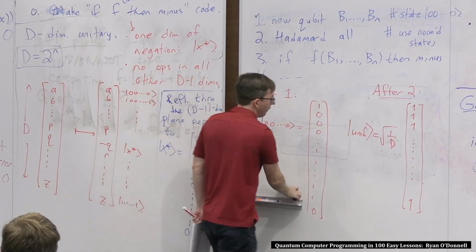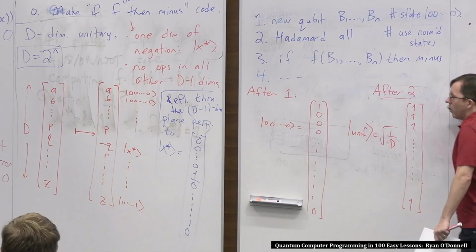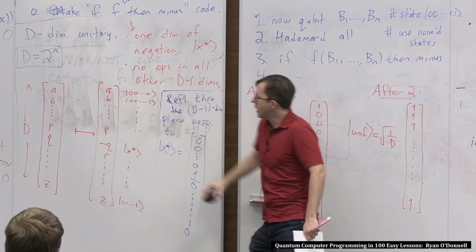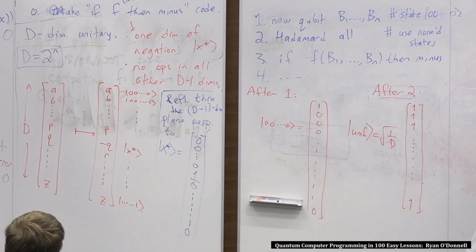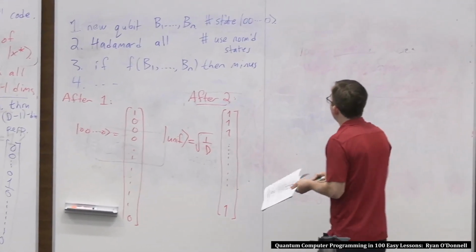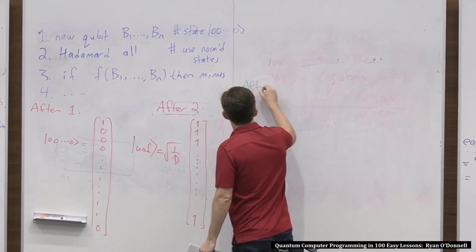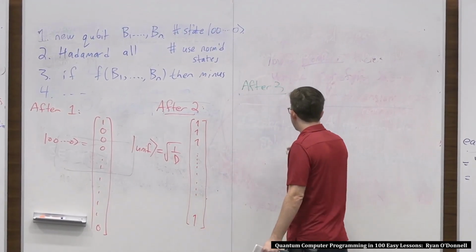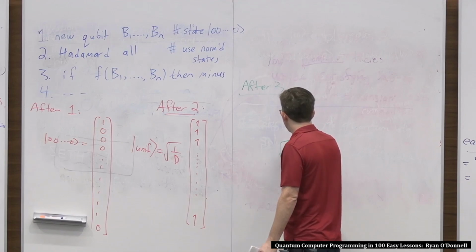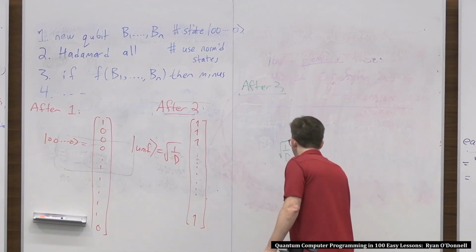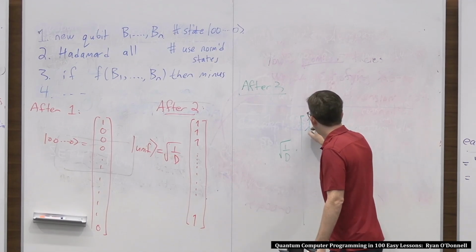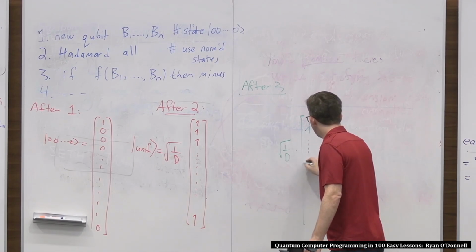So what about after line 3? It's not too hard to understand. This is what if f then minus does. It just negates a single coordinate. It takes the uniform vector and changes one of those 1s to a minus 1. So after 3, we still have the square root of 1 over D times 1, 1, and then there's one negative 1 somewhere.